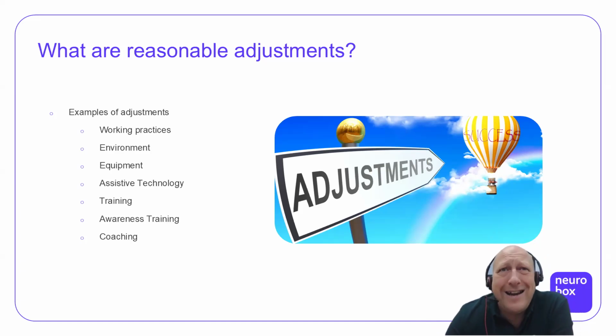And that can be anything from something as simple as having some flexibility around our breaks, for example, which can make a really, really big difference, all the way through to having some additional time for certain things. Maybe having some consideration around how we perform tasks. All of those things fall under working practices.